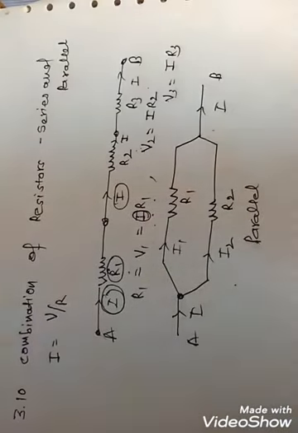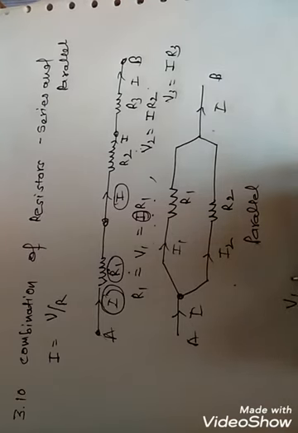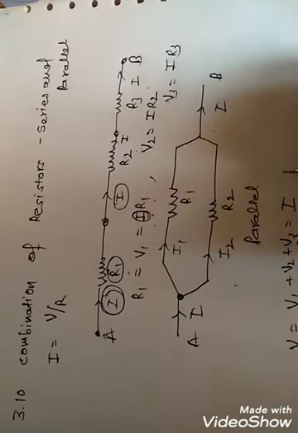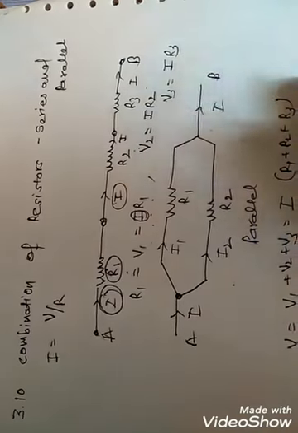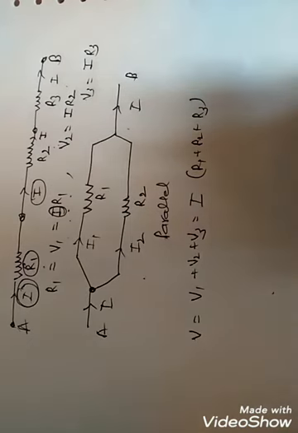Now the potential difference V across the combination: total V is equal to V1 plus V2 plus V3, which is equal to I common, R1 plus R2 plus R3.